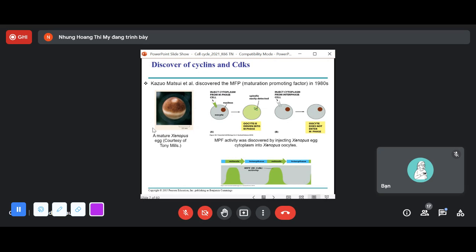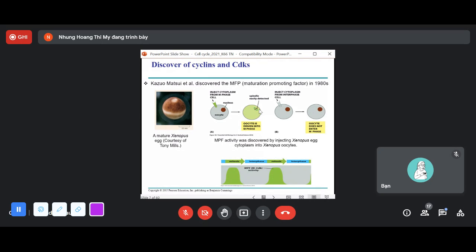So they take the cytoplasm of the M phase cells and inject this cytoplasm extraction into the interphase cell. Here is the outside of the non-dividing outside. After the injection, they see the appearance of the spindle, the mitotic spindle.